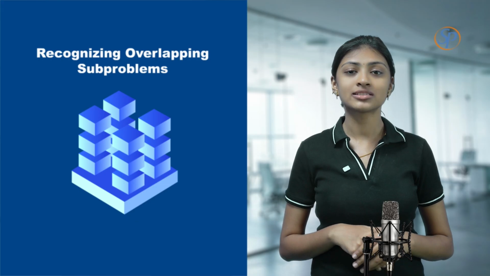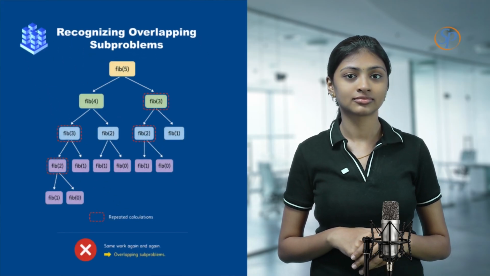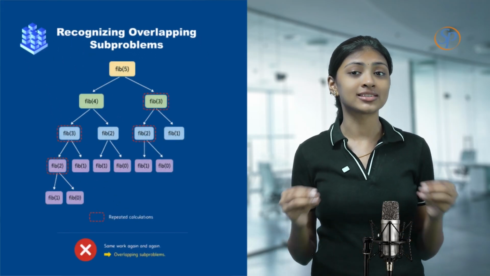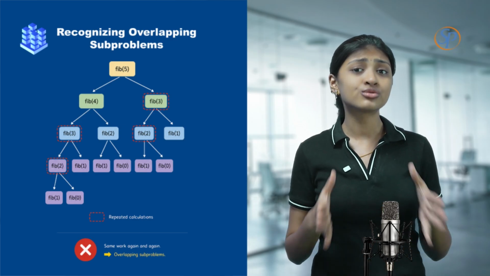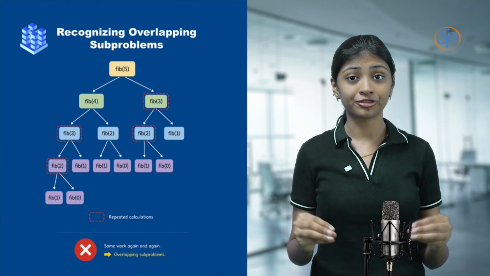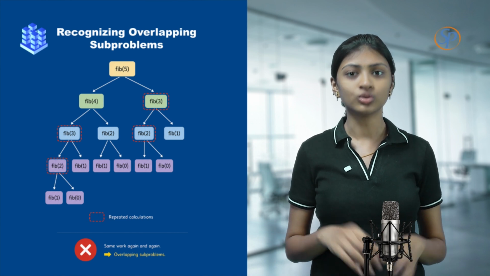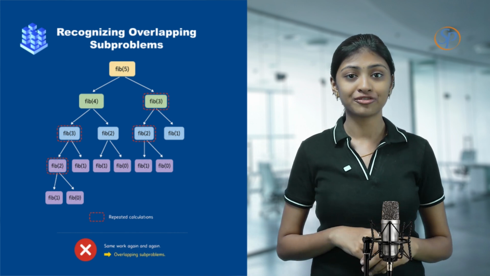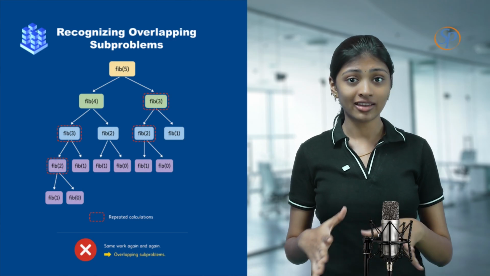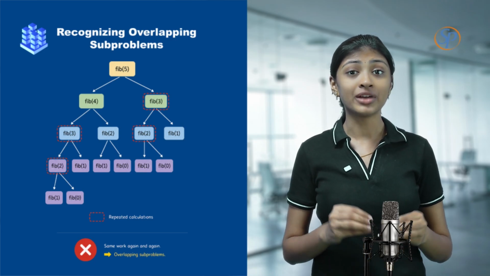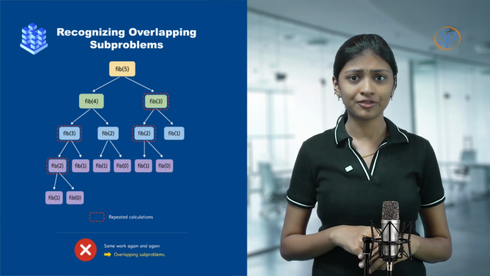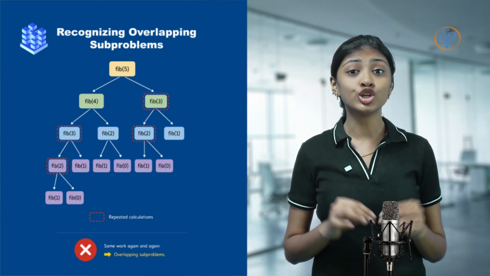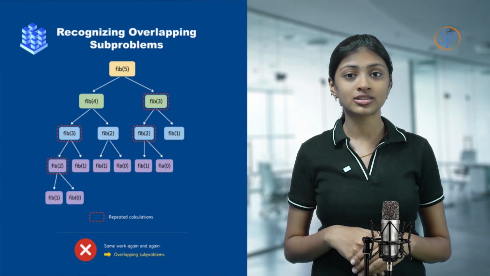Recognizing overlapping subproblems. Let's take Fibonacci as an example because it shows this very clearly. When you try to calculate Fibonacci of 5, you break it into Fibonacci of 4 and Fibonacci of 3. And then Fibonacci of 4 breaks again into Fibonacci 3 and Fibonacci 2. And if you keep expanding this, you'll notice something very interesting.